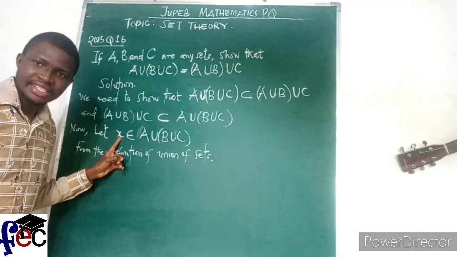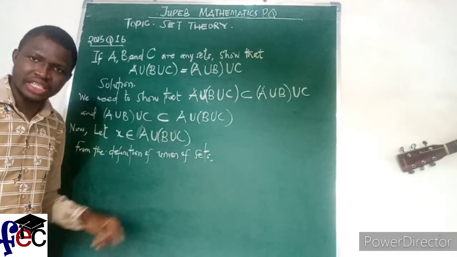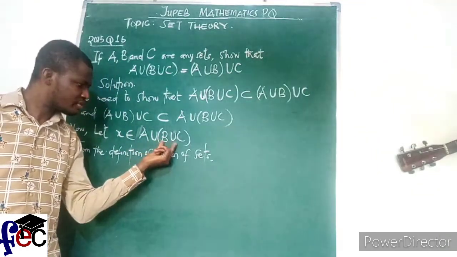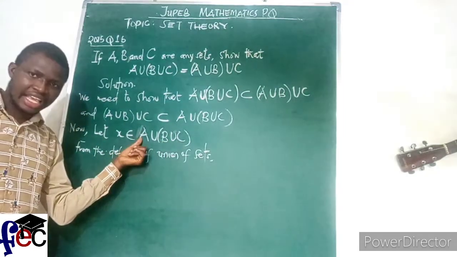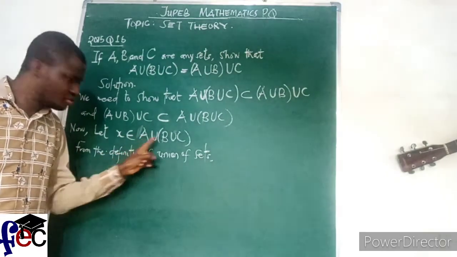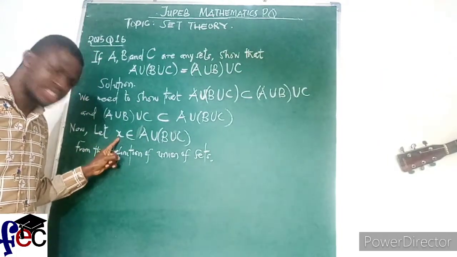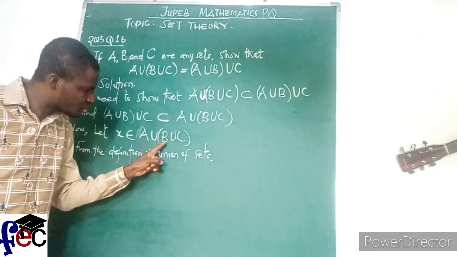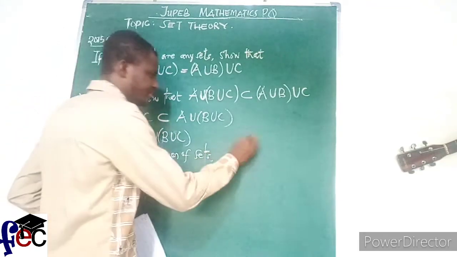If x is a member of A union B union C, we have A combined with B union C. That shows that if x is a member of this union, it means from the definition that x must have belonged to set A or belong to set B union C. Do you understand that? This is what I'm saying.